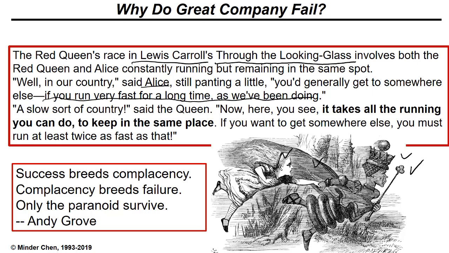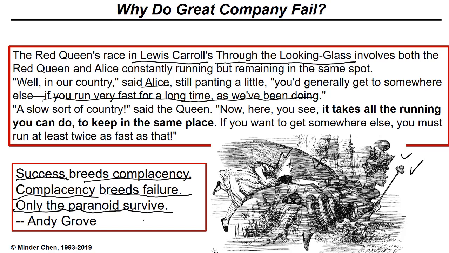Let me just quote Andy Grove in his book called Only the Paranoid Survive. He stated, success breeds complacency. Complacency breeds failure, and only the paranoid survive. So you may have been very successful, you need to be alert.